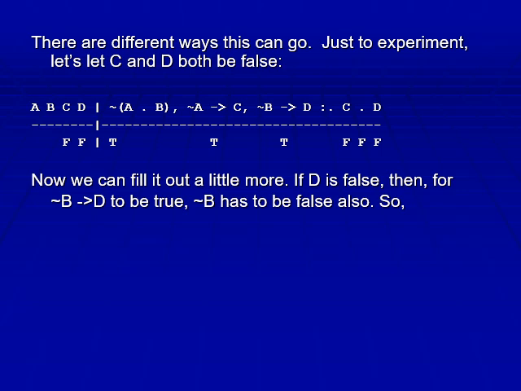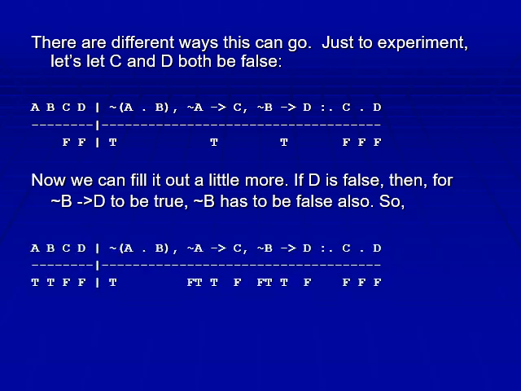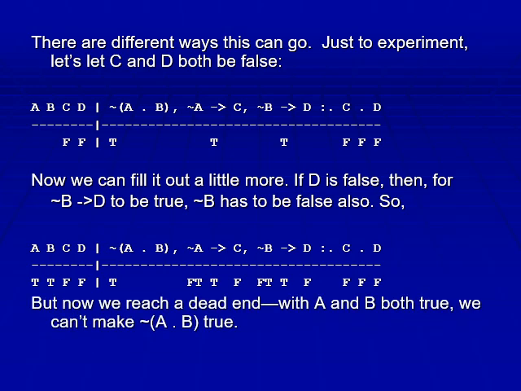We can say the same thing about C. If C is false, then for if not A, then C to be true, not A is going to have to be false. So we get this. But we've reached a dead end. With A and B both being true, which we've marked over here, we can't make the first premise, not A and B, be true.